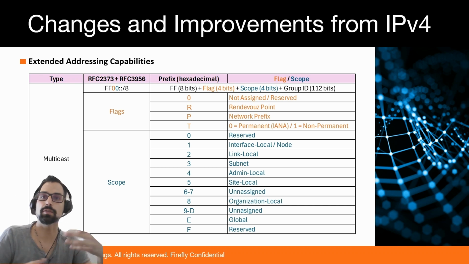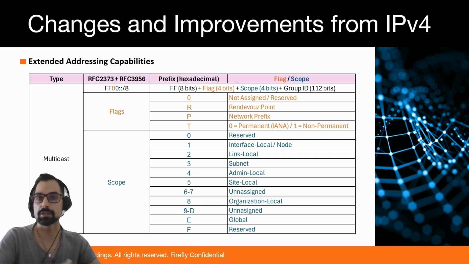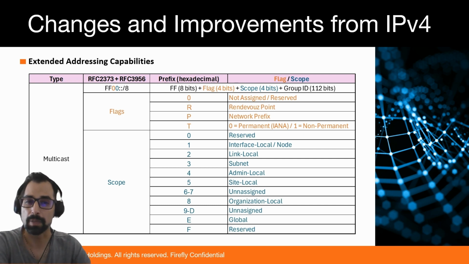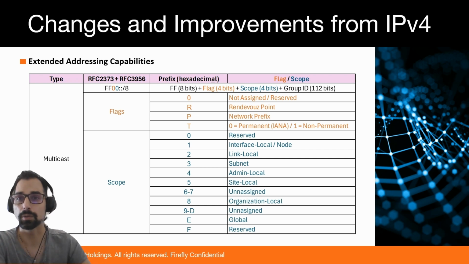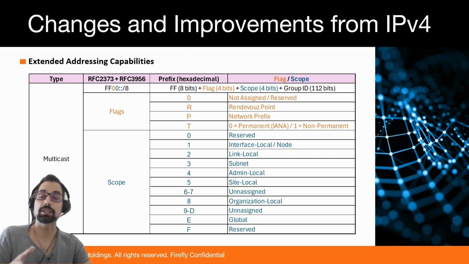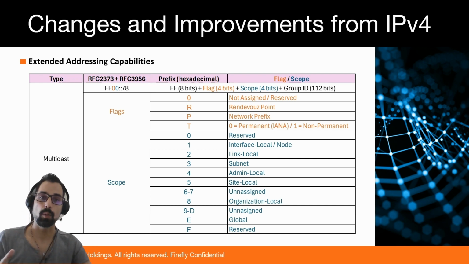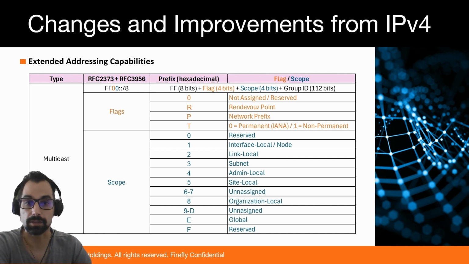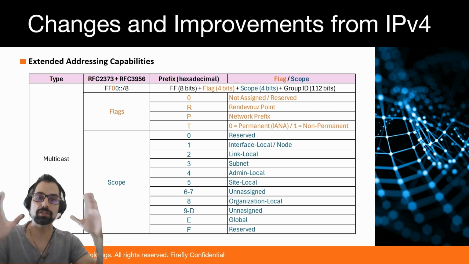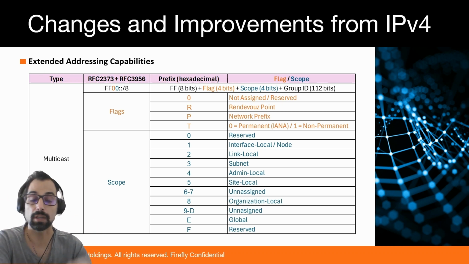Of course, for most of them, the operating systems and the IOS, if you're running Cisco, will take care of it. But for some of them, you may need to understand how to use them. And as we saw with unicast IP addressing, we can have different scopes, like organization, site, or link local.